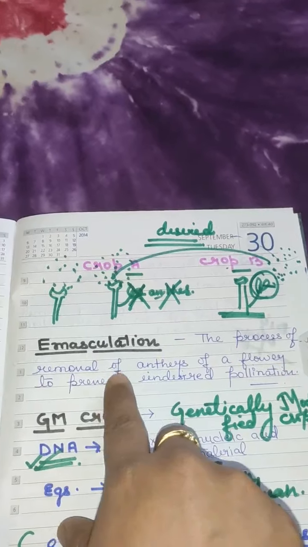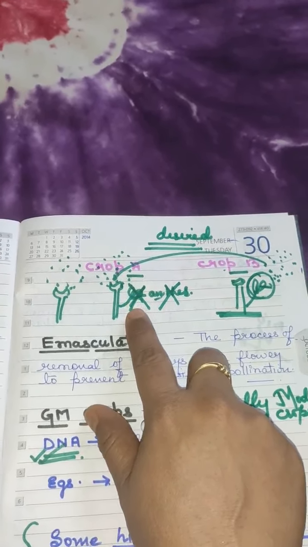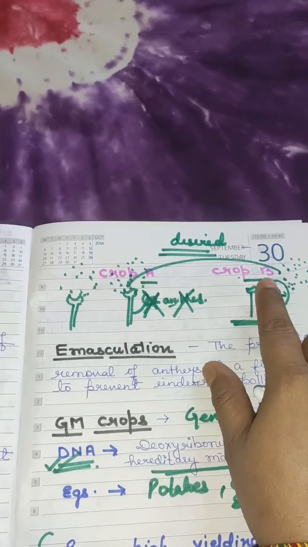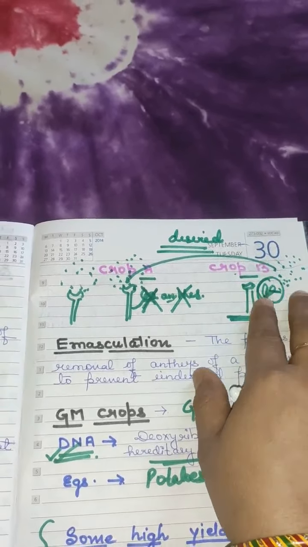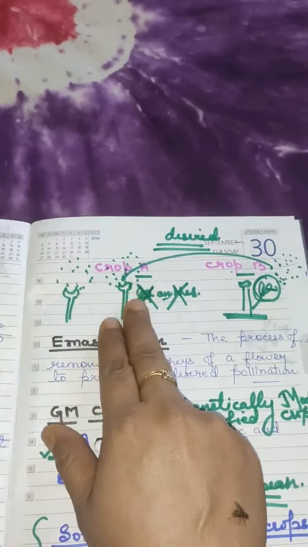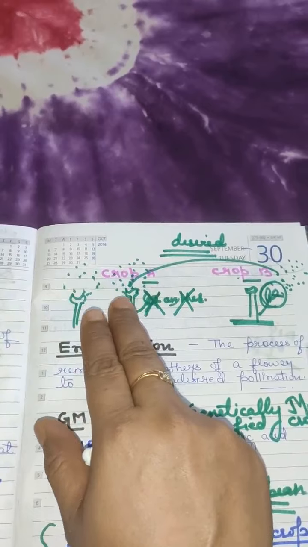We all know that the anthers are the male reproductive organ of the flower. After removal of the anthers, the pollen grains from the anther of crop B are spread over the stigma of crop A. The stigma is the part of the carpel, which is the female reproductive organ.